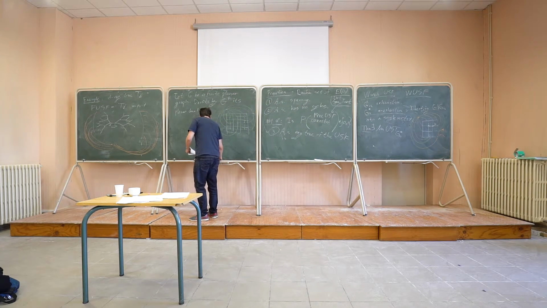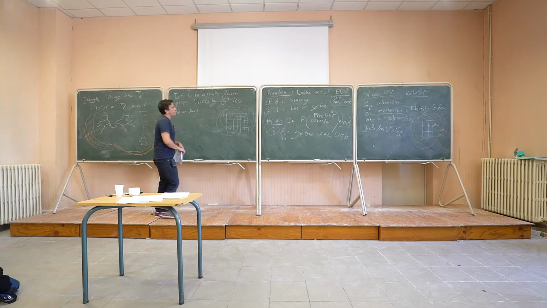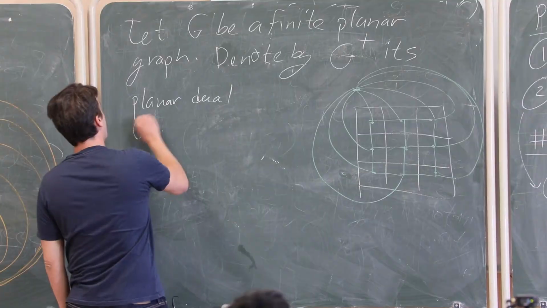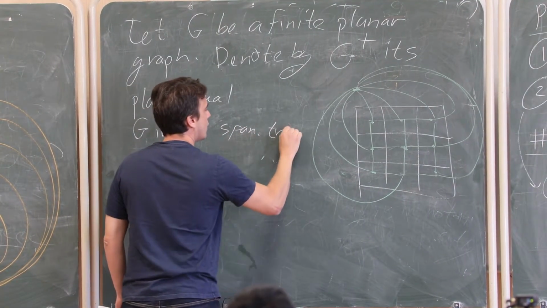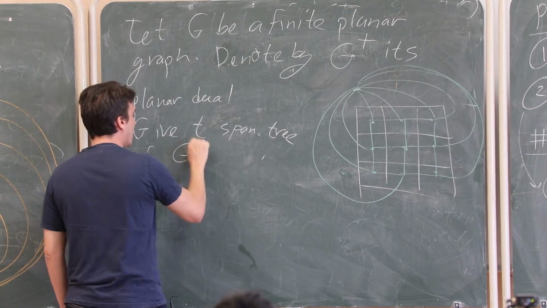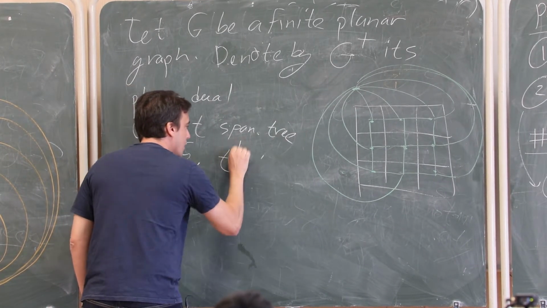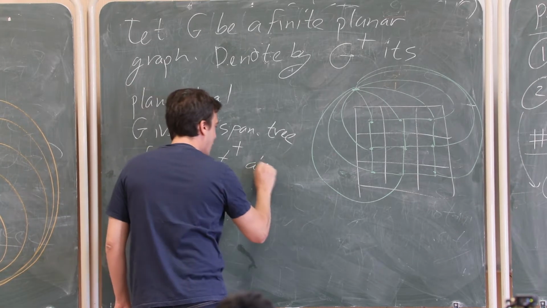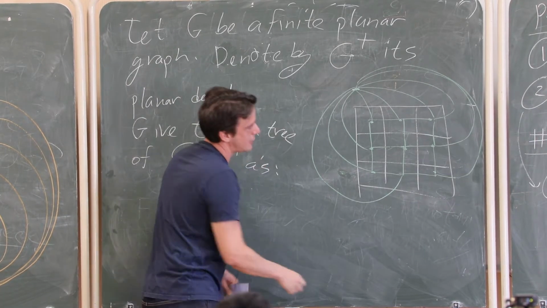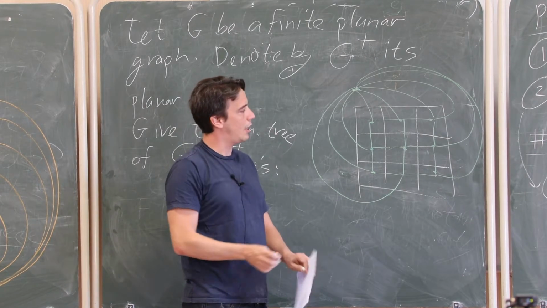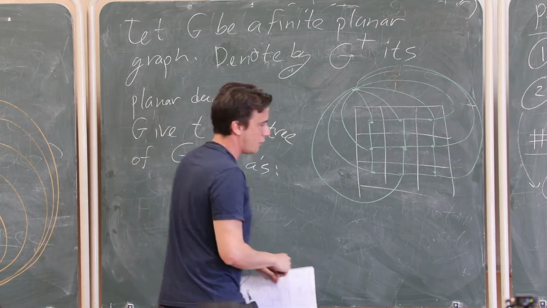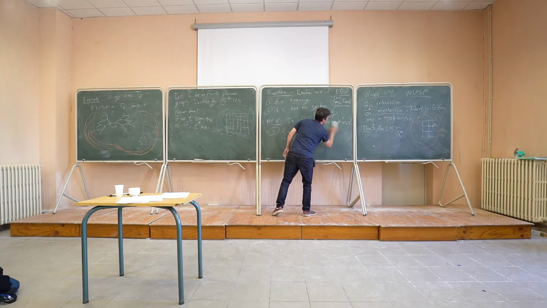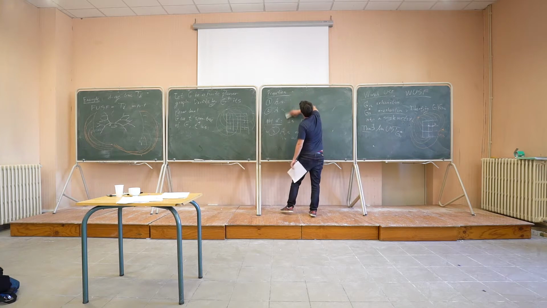And furthermore, not only can I define the dual graph, given any spanning tree T of G, I can define T dual as in the picture. So let's say I take a spanning tree on the white edges.